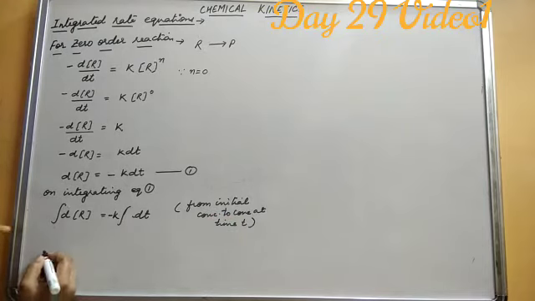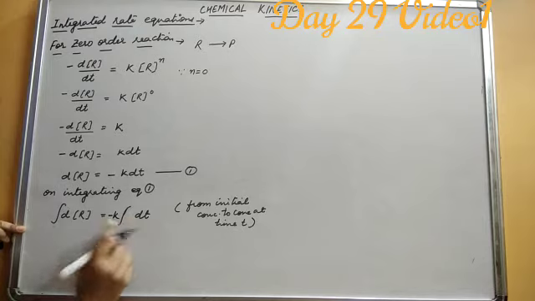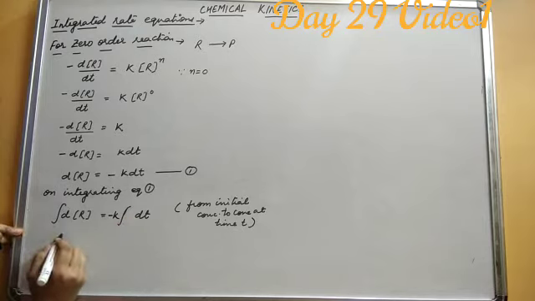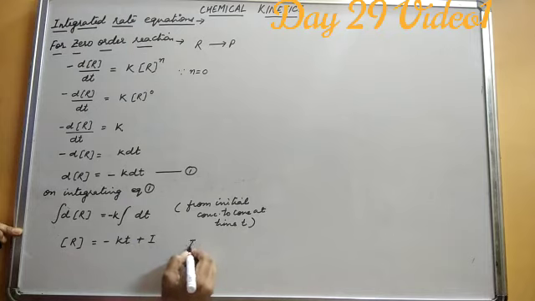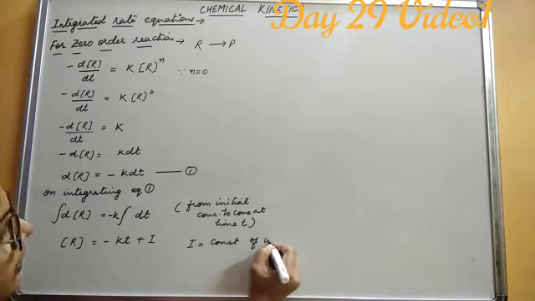On integrating, the differentiation will be solved. So concentration of reactant R equal to minus kt plus I, where I is the constant of integration. This is equation 2.